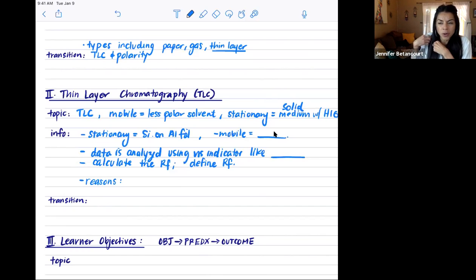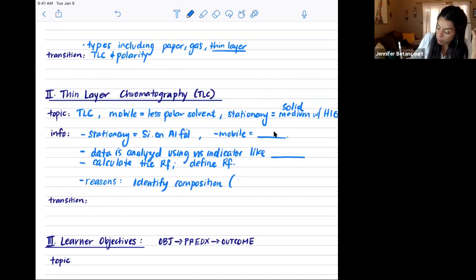You can't determine purity unless you first identify the composition. Identifying the composition means not only do you identify the thing, but how many of those things are in there, right? So the number and the actual ID of the compound. By doing this, you can make a conclusion about the purity of a sample.